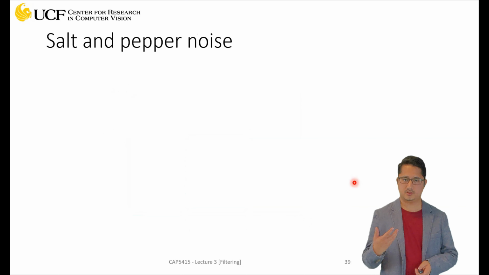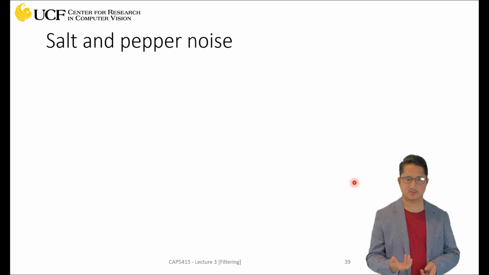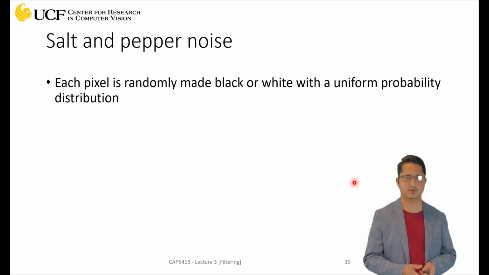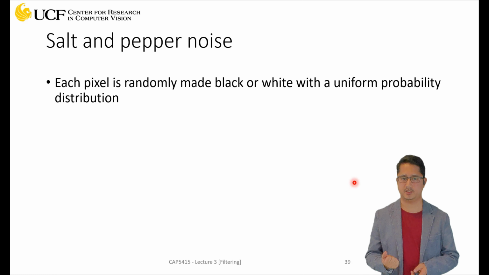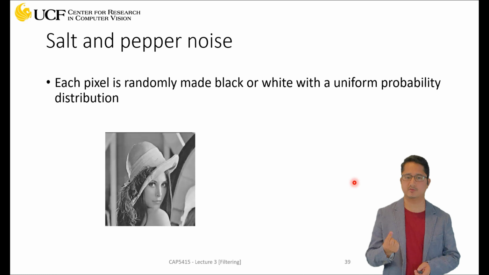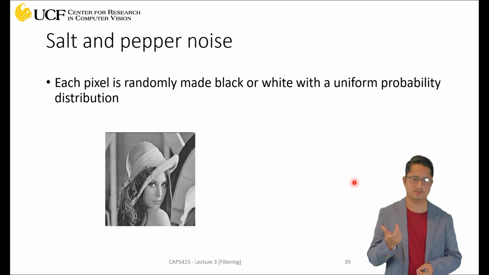If we take noise from such a distribution, we call that salt and pepper noise. The idea is that you make each pixel in your image either black or white with some uniform probability. For each pixel you decide whether you will add noise or not, and then you decide whether the noise should be 0 or 1.